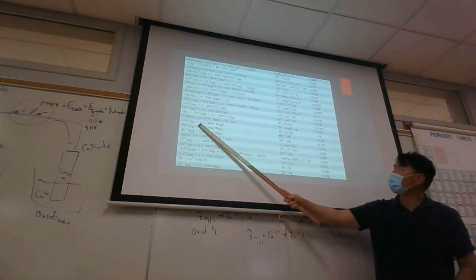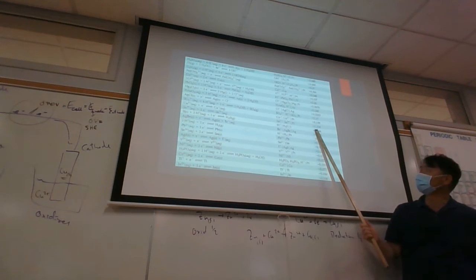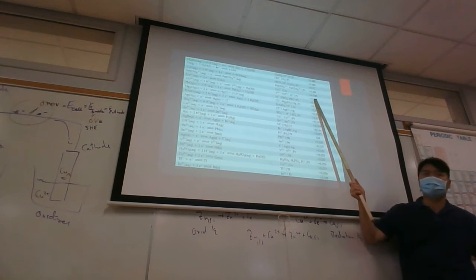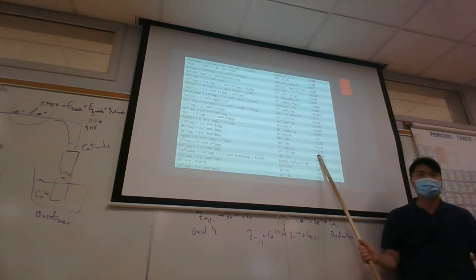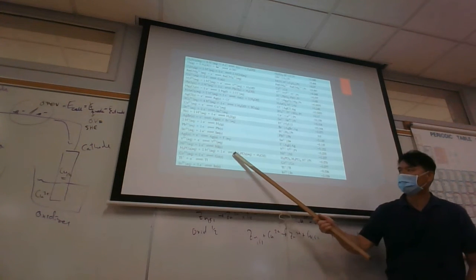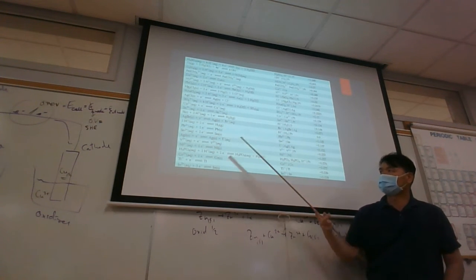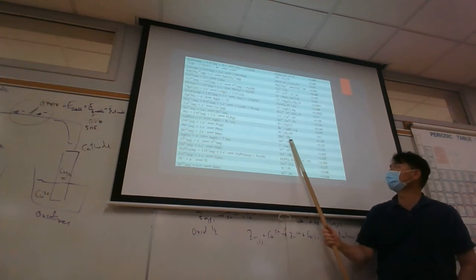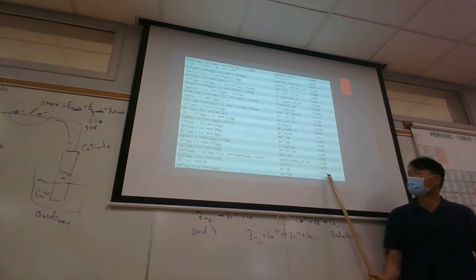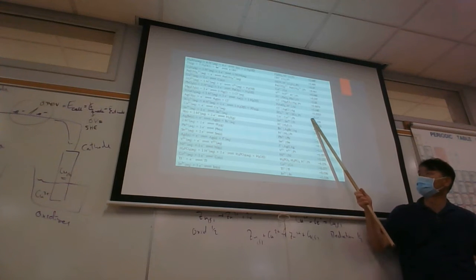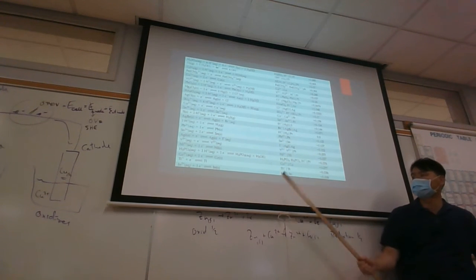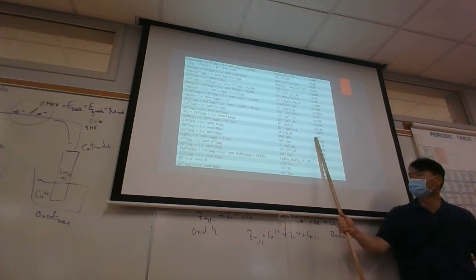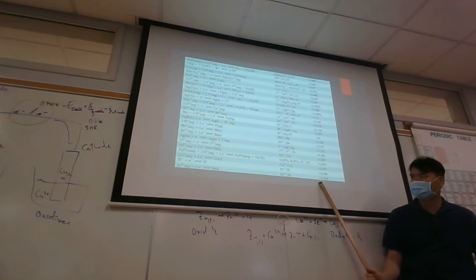So if it has a positive reduction potential, it means it's stronger than H+. If it has a negative reduction potential, it means it's weaker than H+. It doesn't mean that things reverse. It just means that it's weaker than H+. And so the higher the reduction potential, the stronger the oxidizing agent, and the more likely the reduction reaction is to occur. The smaller the reduction potential, the weaker the oxidizing agent.